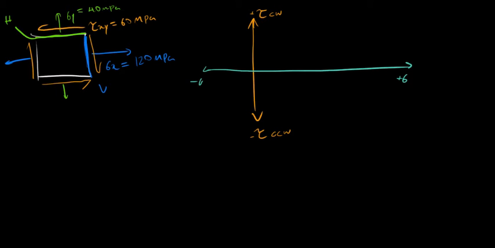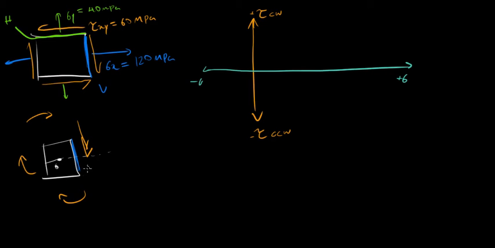Now, what does that mean for the tau? This is the method that we're going to be using for the tau going clockwise and counterclockwise. So we have our block right here. If we look at our vertical face, the shear stress acting on that face, if you think of the block having the origin right here, is making the block rotate which way?